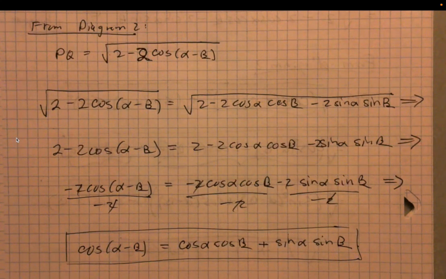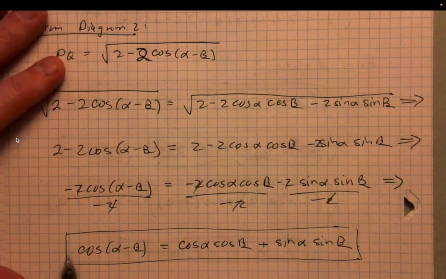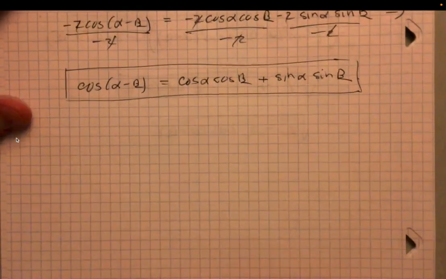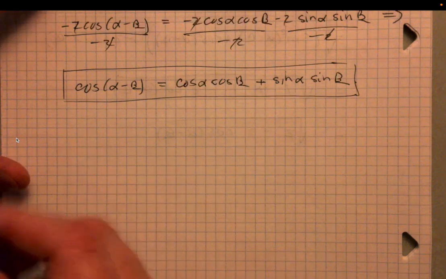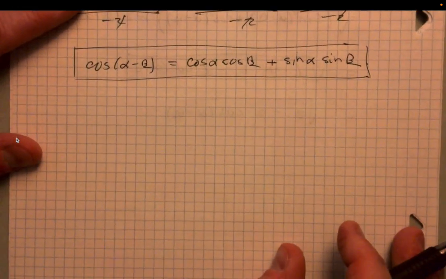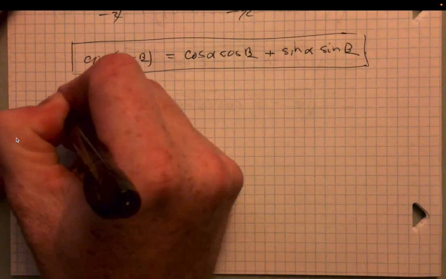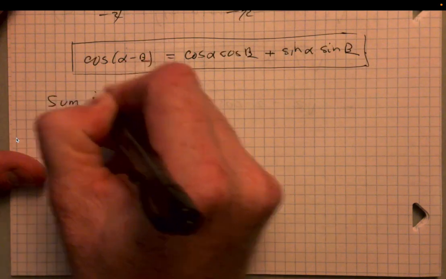So that's where it comes from. That's where this guy comes from. Okay, and so this was just one of the difference formulas. A similar demonstration could be done for the remaining formulas. I'm obviously not going to do that here, but you can take the time and see that in fact a lot of the demonstration is really kind of similar, right? But here are all the sum and difference formulas.